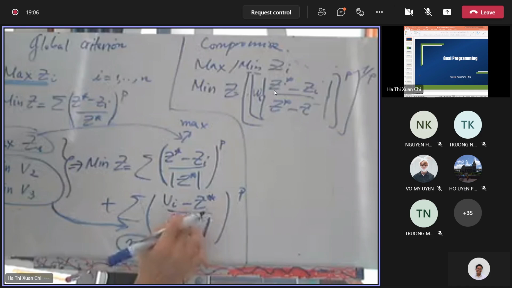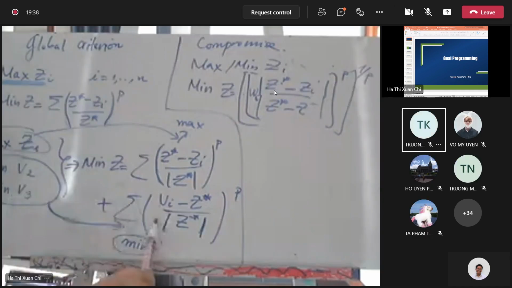Okay, everyone. If you're not sure about this, so you can take note. Everyone, you clear on this one? If your objective maximize, so you can do this. If minimize, so you should separate, right?